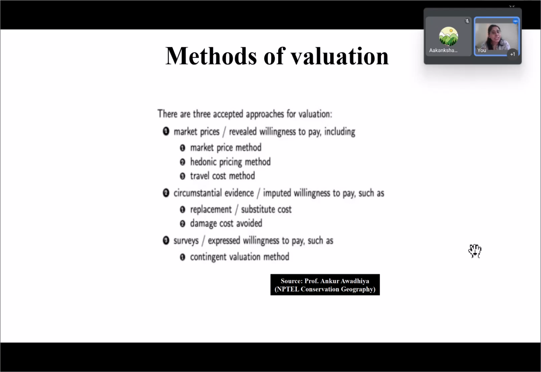Next is circumstantial evidence, which is our imputed willingness to pay. Now you are clearing a forest and you want to see how much you have to pay, what was the money that was associated. You could do this by replacement cost, which is also something that we have discussed. If there is a water body and it is doing wetland, for example, it is helping in purification of water.